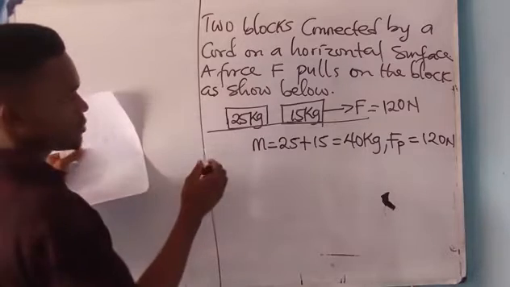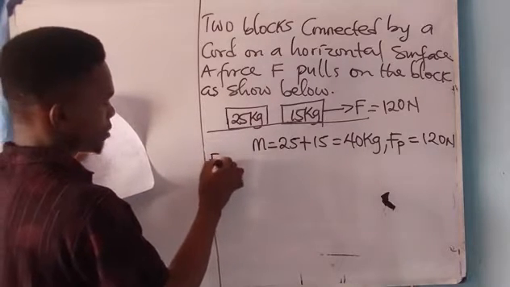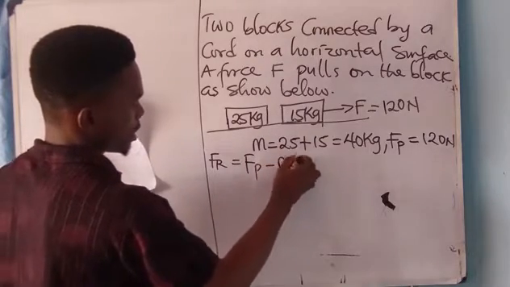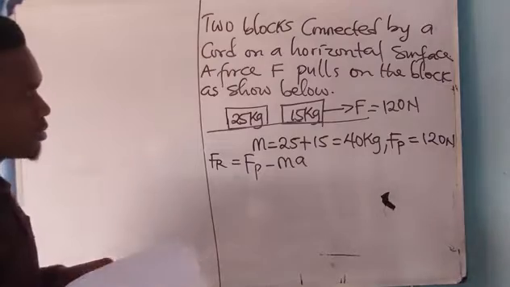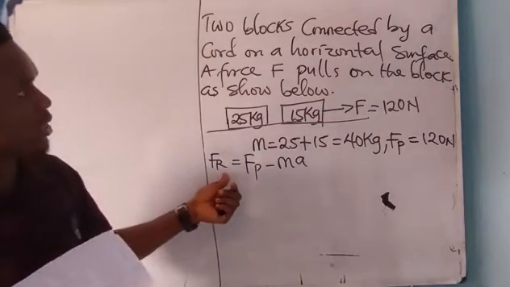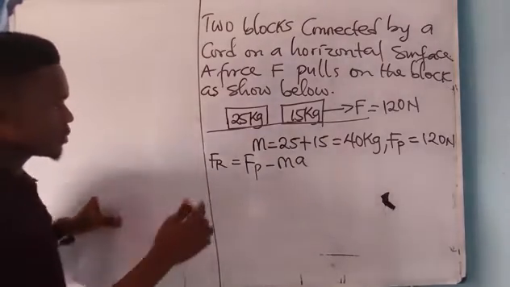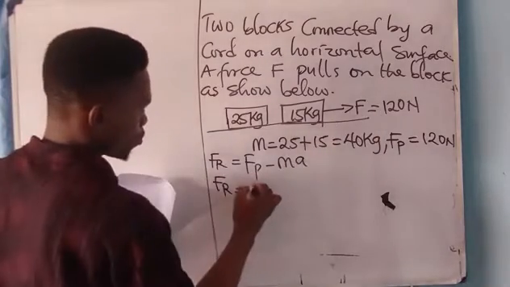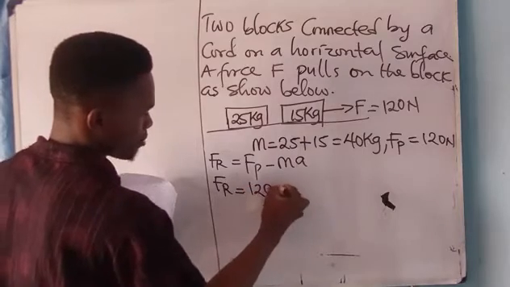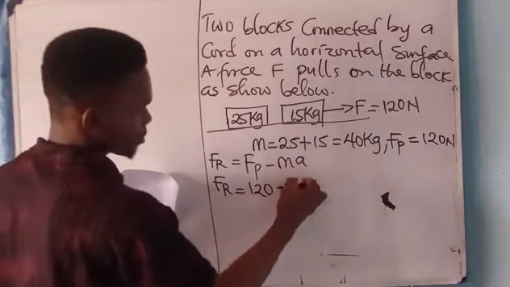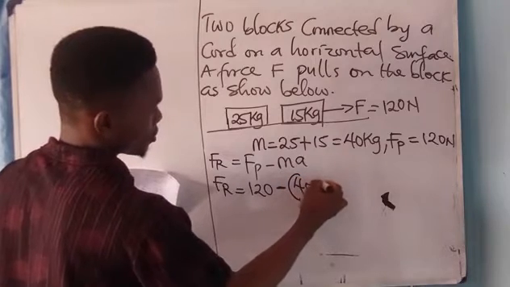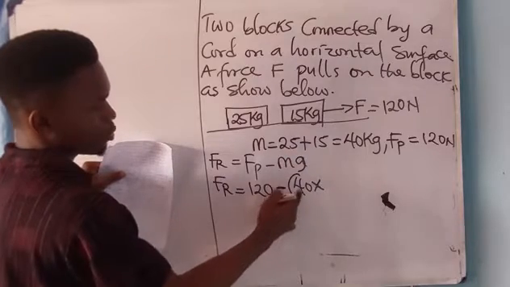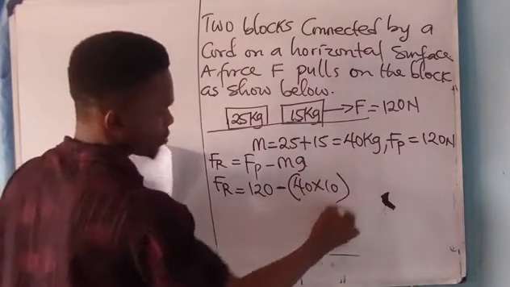F arrow is equal to Fp minus Ma. So we have to calculate for the frictional force. The frictional force is equal to the applied force, 120 Newton, minus the mass, 40, times the acceleration; in place of this A, I'll put 10, which is gravity.